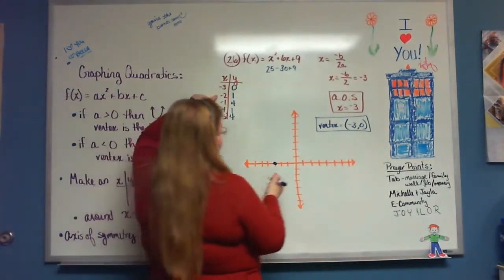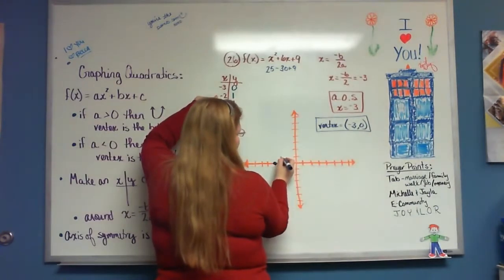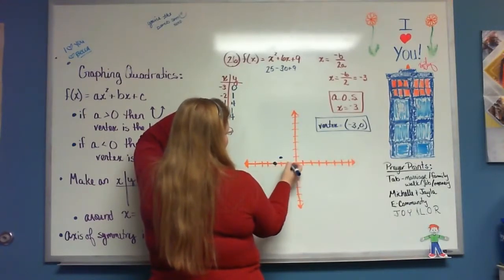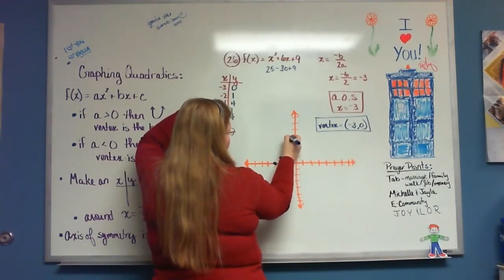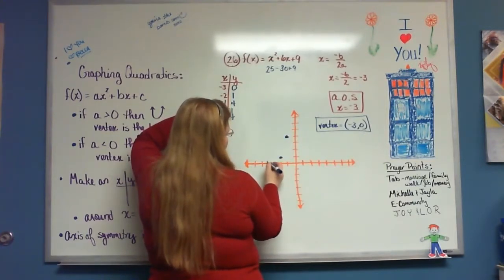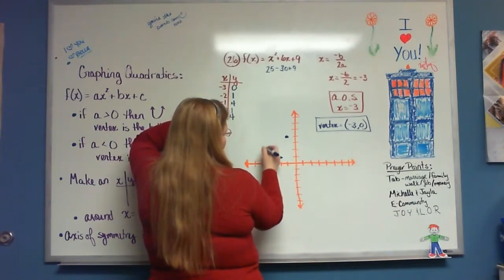And then negative 2, 1 is right there, and negative 1, 4 is up there, and negative 4, 1 and negative 5, 4.